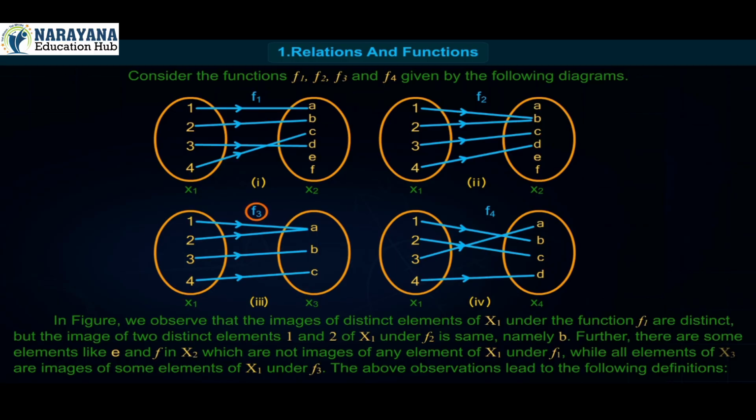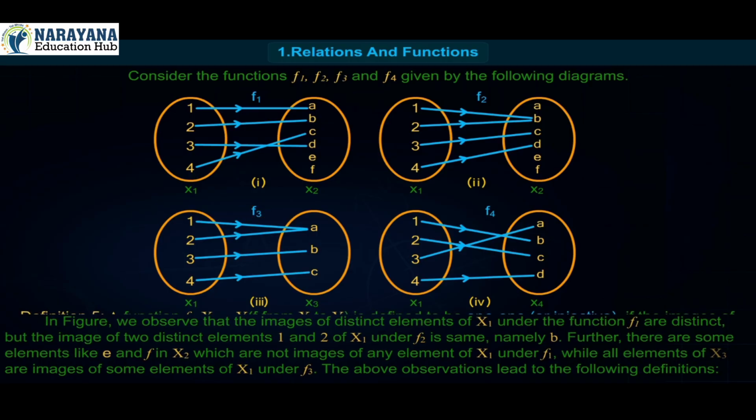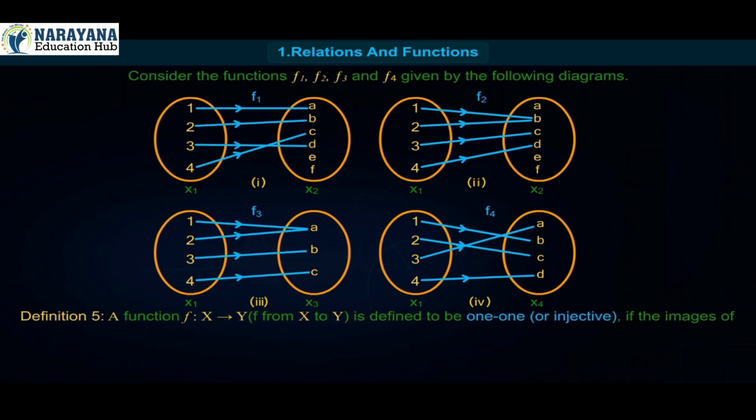The above observations lead to the following definitions. Definition 5. A function f from X to Y is defined to be one-one or injective if the images of distinct elements of X under f are distinct.